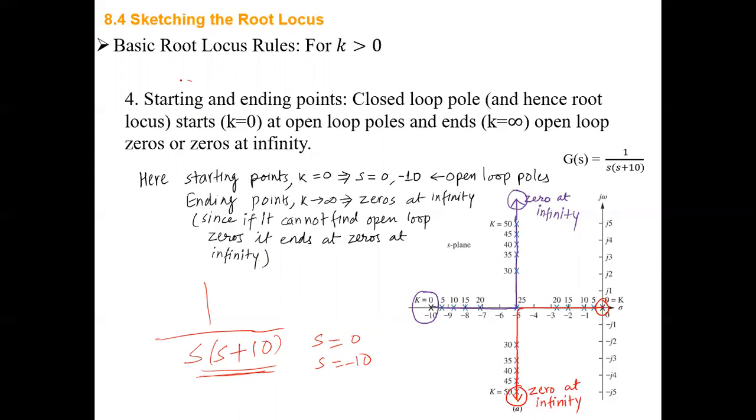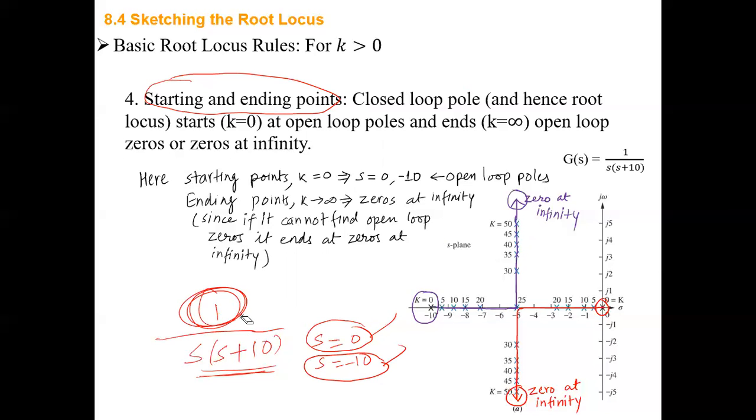But according to this rule, I said I always start at a pole and always end at a zero. But how many zeros do you have here? No zeros. That's the problem. You have 2 poles, but you don't have any zero. You don't have anything on the top.